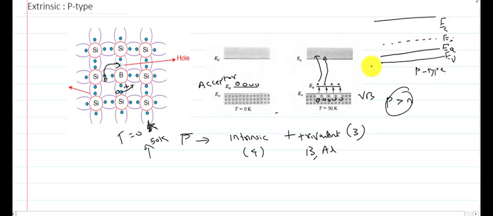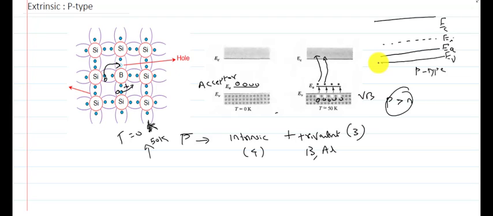So this is what we studied in this lecture, the different classification of semiconductors, intrinsic and extrinsic. Intrinsic means the purest form. In that we should study two points: at T equal to 0 Kelvin, an intrinsic semiconductor will act as an insulator, and at any other temperature, the electron concentration will be equal to the hole concentration. Then the band diagram of the intrinsic semiconductor is important; the structure is not needed.